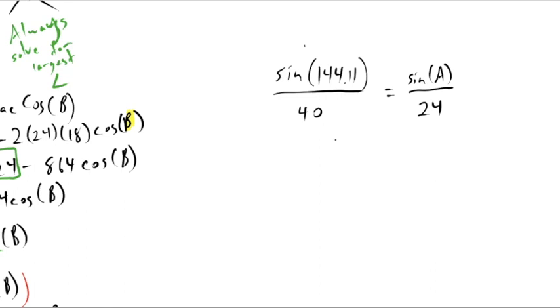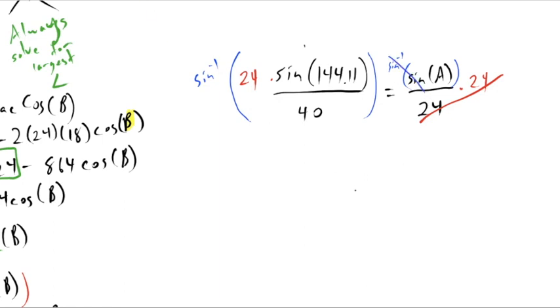Anytime I'm solving for an angle, I'm going to put the sines in the numerator and the sides in the denominator. So here, since I'm solving for A, it's being divided by this 24. I'm going to multiply both sides by 24. So those would cancel. And then the last thing I need to do is get rid of the sine, so I'm just going to take the inverse sine of both sides. I'm going to take the inverse sine of this entire thing, and put that in my calculator in just one go.